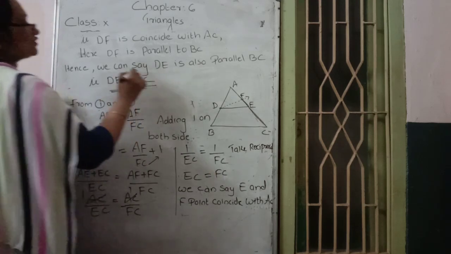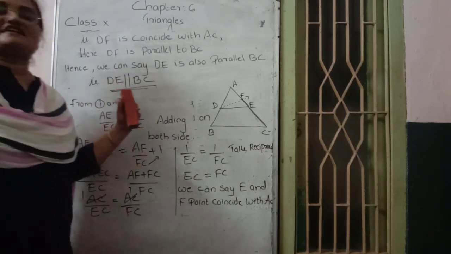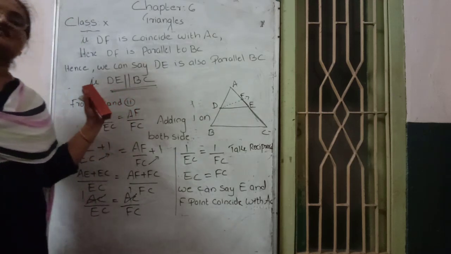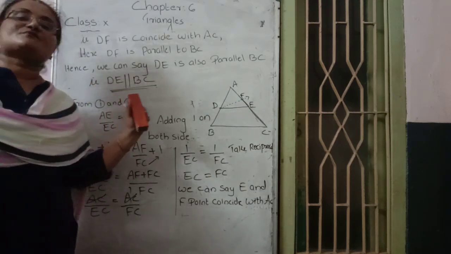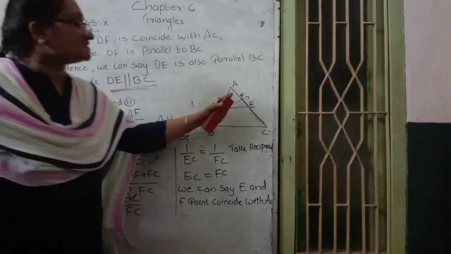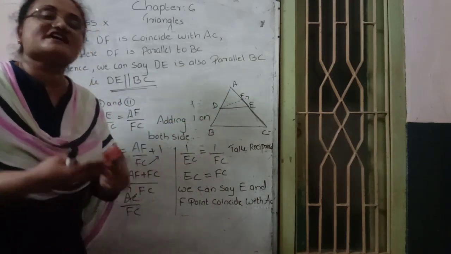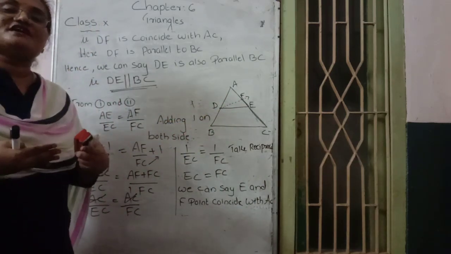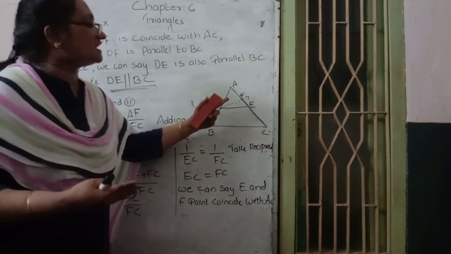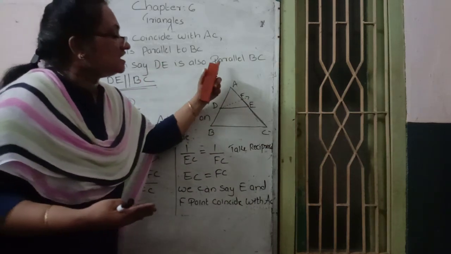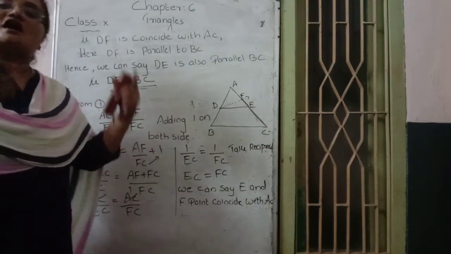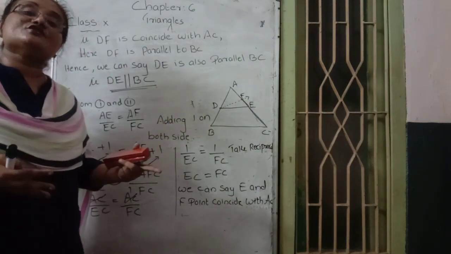This is the answer we reach. That is our proof. To prove, we want to show that DE is parallel to BC. What is the reason? The F and E points coincide with each other. Why? Because DF coincides with the AC side. How does DF coincide with the AC side?